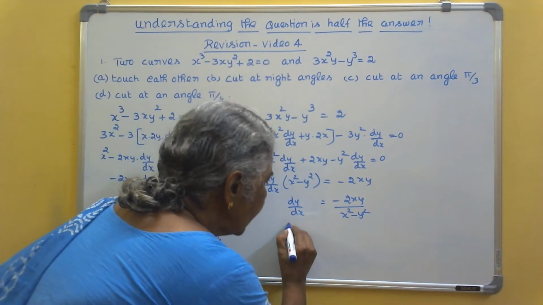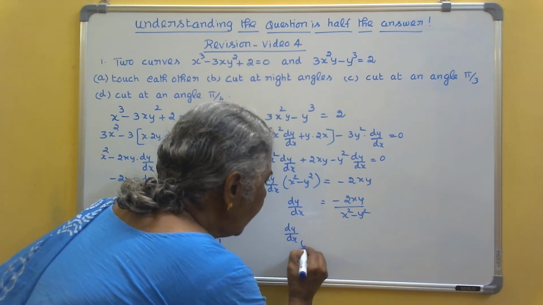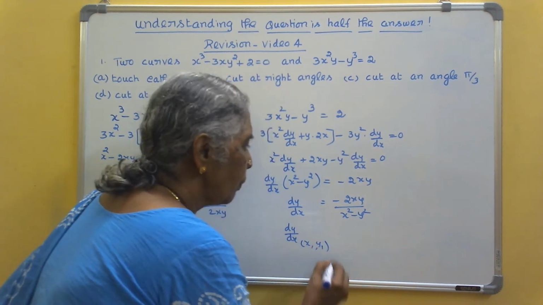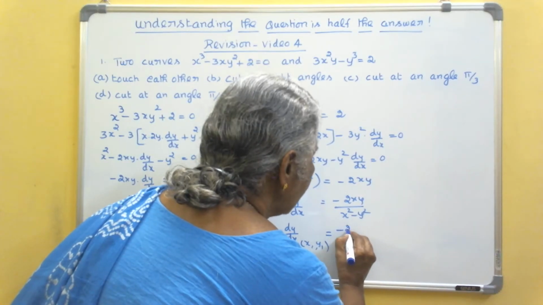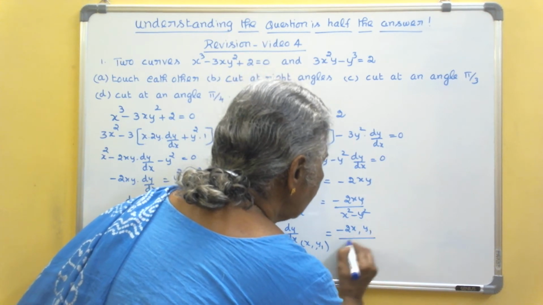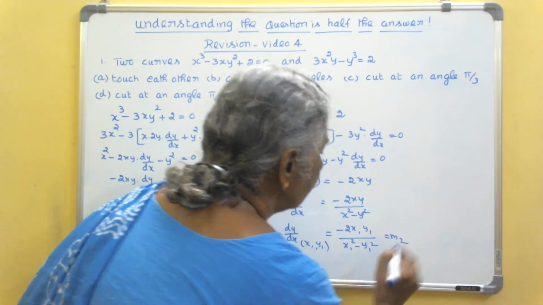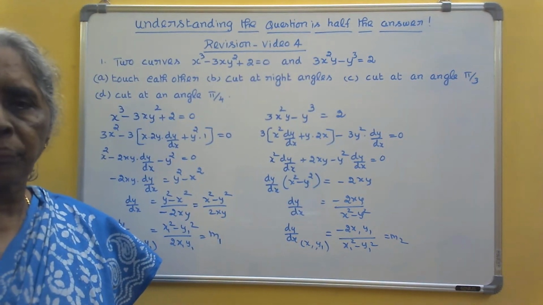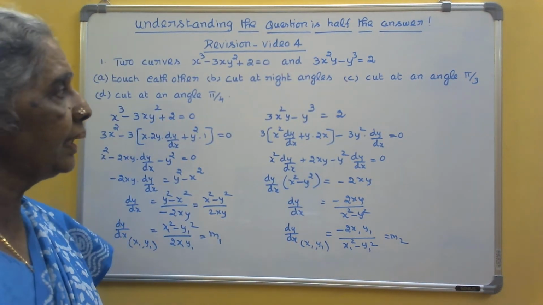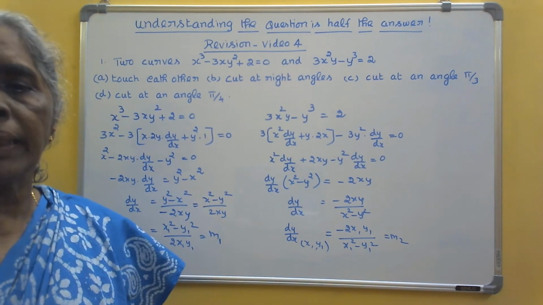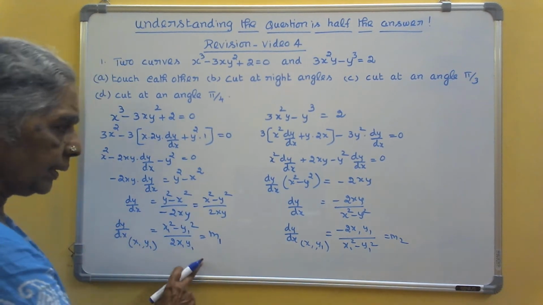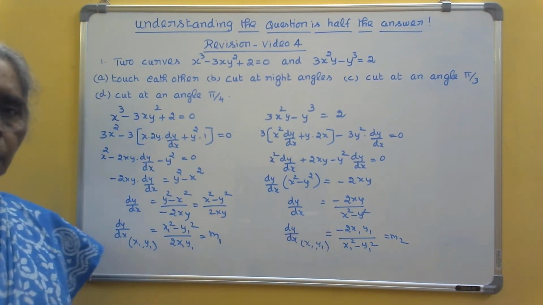Let us find dy by dx at x1 comma y1, that will be minus 2x1 y1 by (x1 square minus y1 square), let it be m2. The slope of the tangent to this curve at the same point x1 y1.